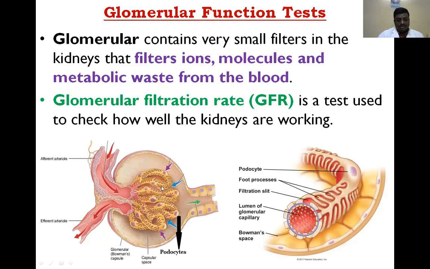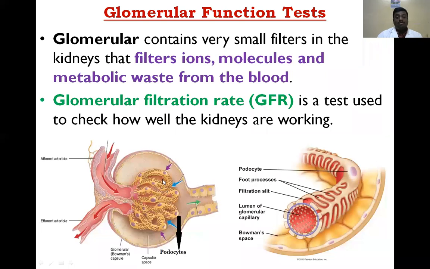Okay, so this filtration of the different substances mainly depends on one, the flow of the blood, and second, the function of the glomerulus. So here the glomerular capillaries are completely covered by specialized cells.